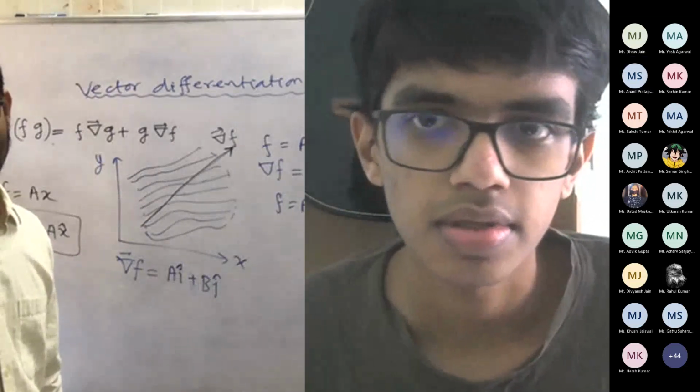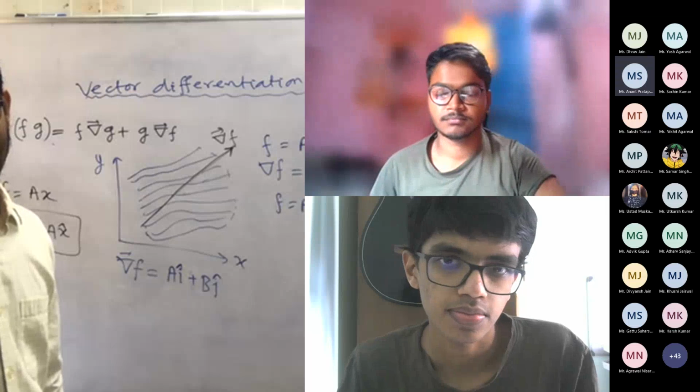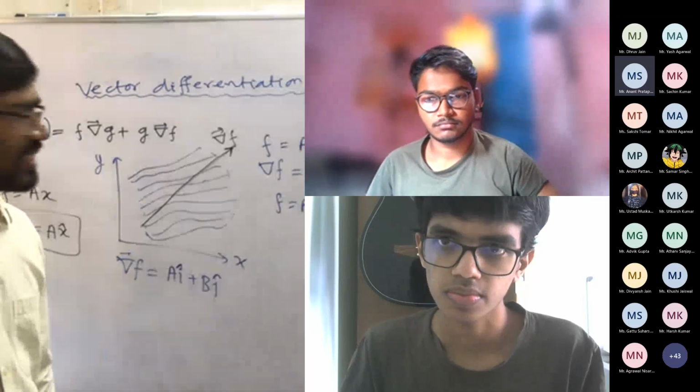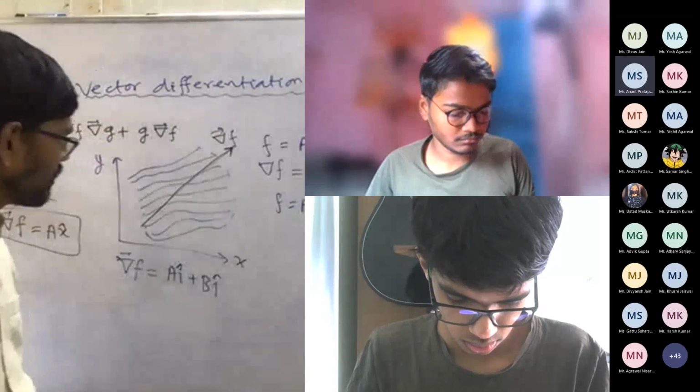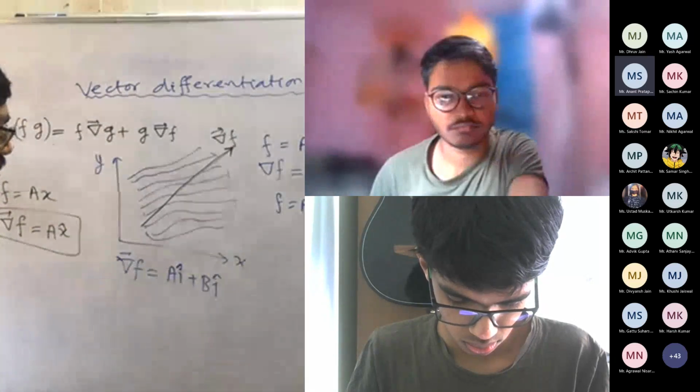Okay, sir. Sir, but the gradient of f should be in the xy plane. So in that mountain example, the direction of gradient should be, I think, inside the mountain. Okay, it is going inside the mountain only, the direction.